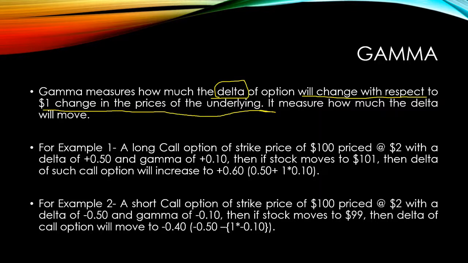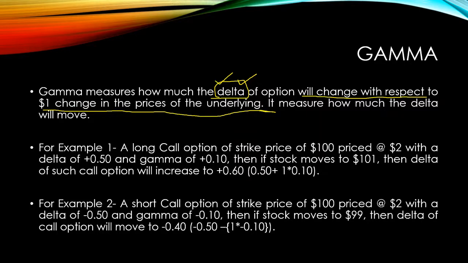Gamma is just like the sibling of delta. It does not measure the price of the option, it measures how much the delta of the option will change.